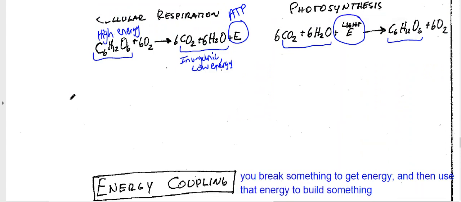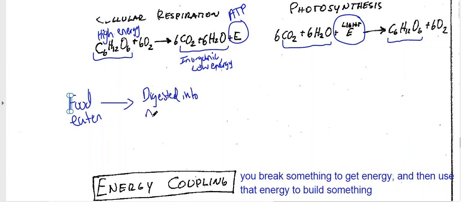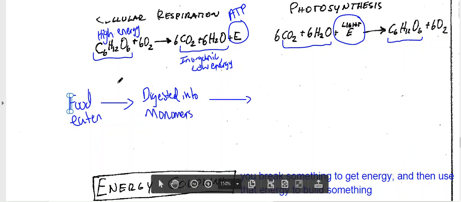All of the food you eat, right? So I'll say food eaten gets digested into monomers, right, by your digestive system, and this is a catabolic reaction.